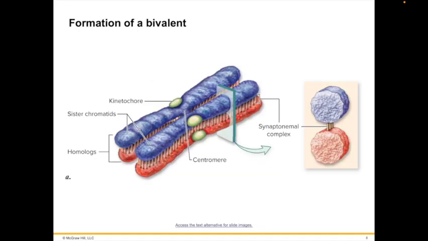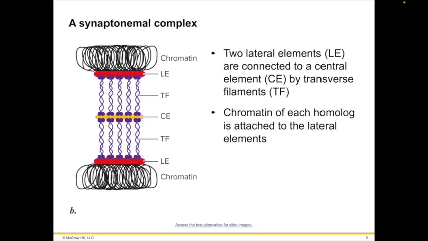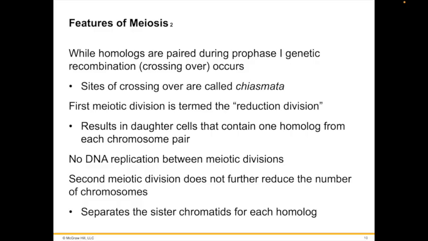While homologs are paired during prophase 1, another process unique to meiosis occurs: genetic recombination, or crossing over. This process literally allows the homologs to exchange chromosomal material. The cytological observation of this phenomenon is called crossing over, and its detection genetically is called recombination, because alleles of genes that were formerly on separate homologs can now be found on the same homolog.